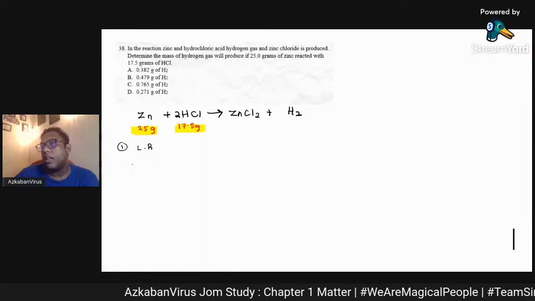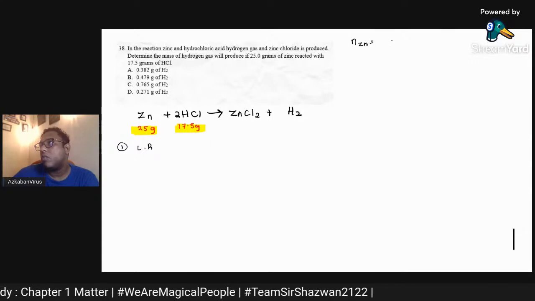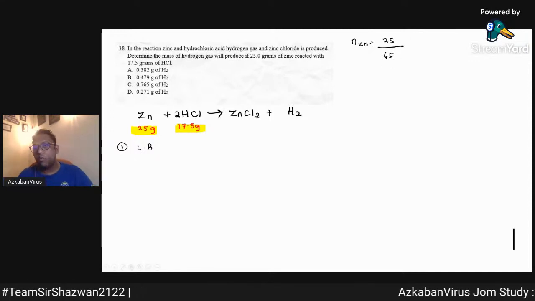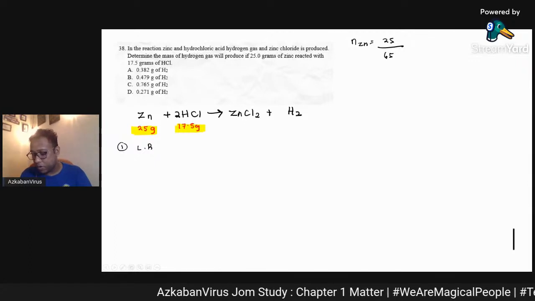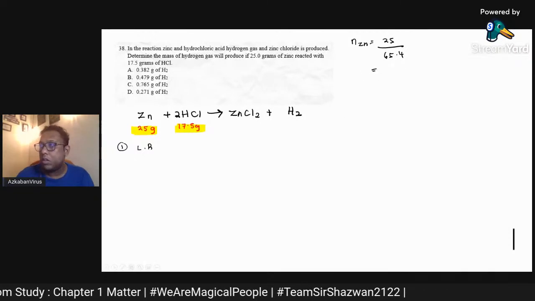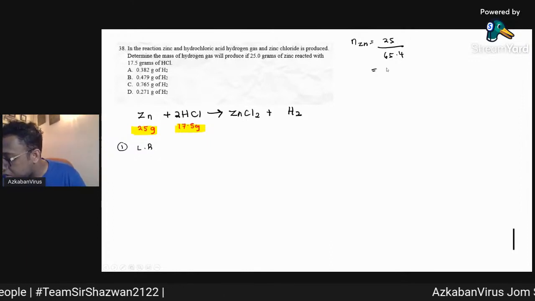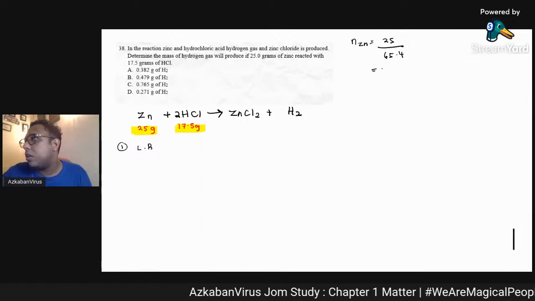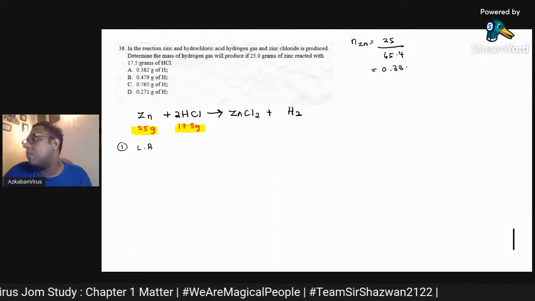Okay, we know that nak cari limiting reactant kena cari mole. So n zinc is equal to 25 divided by 65. This is equal to 0.3823 mol.